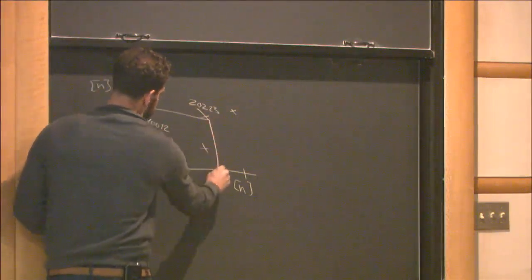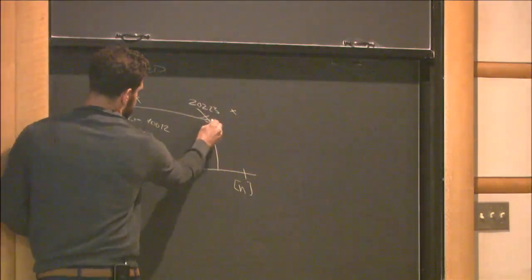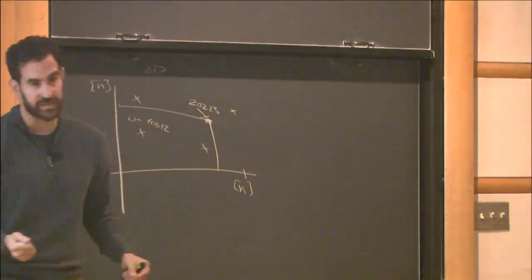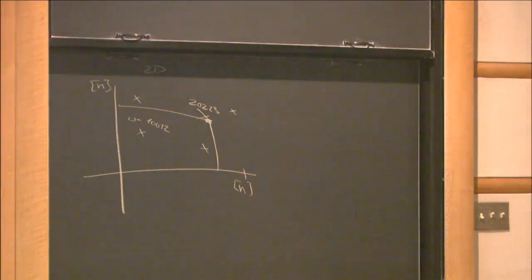A query again is a rectangle, and you need to report the sum of the weighted points inside this rectangle. So it's not exactly the classical range counting problem where you only need to report the number of points, but you need to report the sum of the weights.